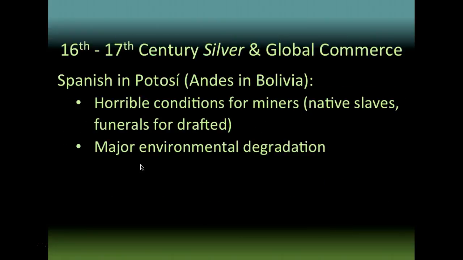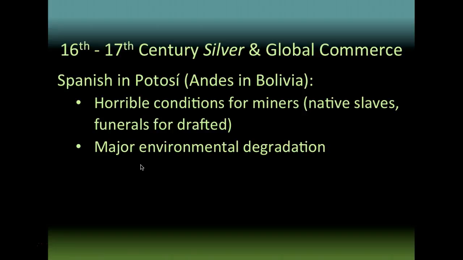When we are talking about silver in global commerce, silver and how it affected the world from the 16th through the 17th centuries, that's the 1500s through the 1600s, it all starts in the Americas for the most part. There is silver in other parts of the world, like Japan has their own silver stash in their mountains there, but in the Americas, there is a lot of silver.